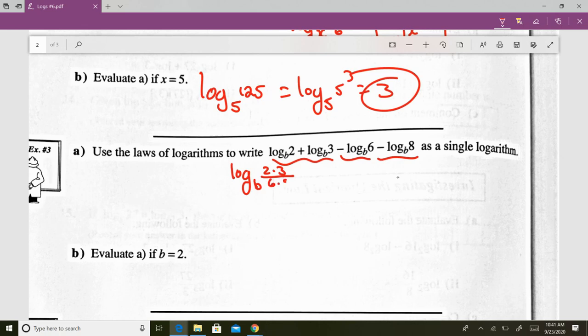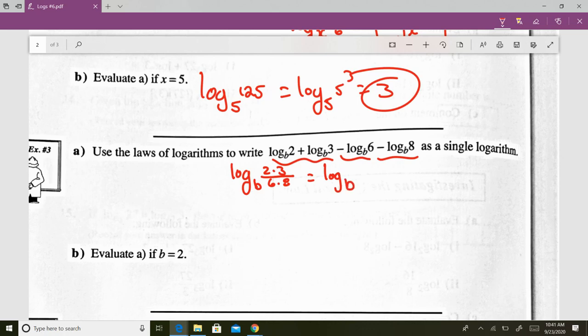So you can put a 6 and an 8 like that. What's 2 times 3? 6. So it'll cancel the 6 in the denominator, right? So I'm left with log base b.